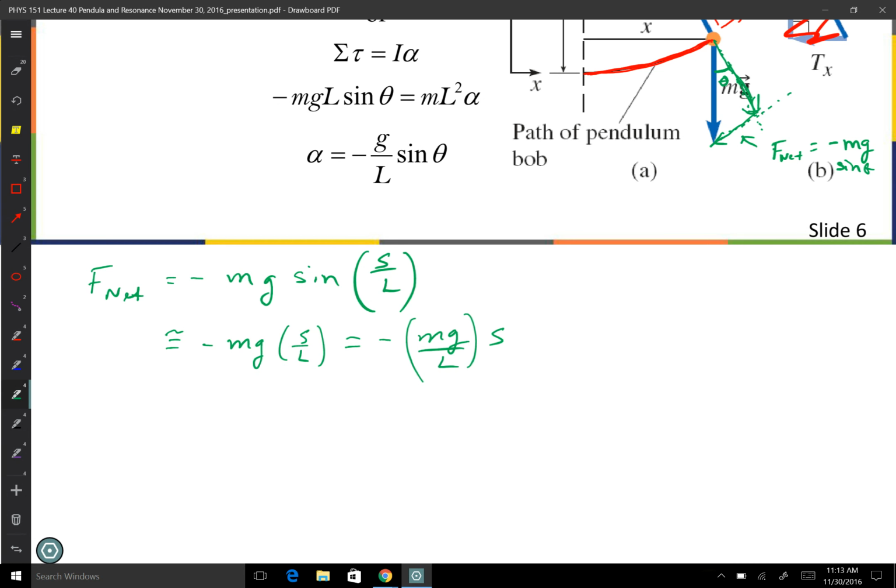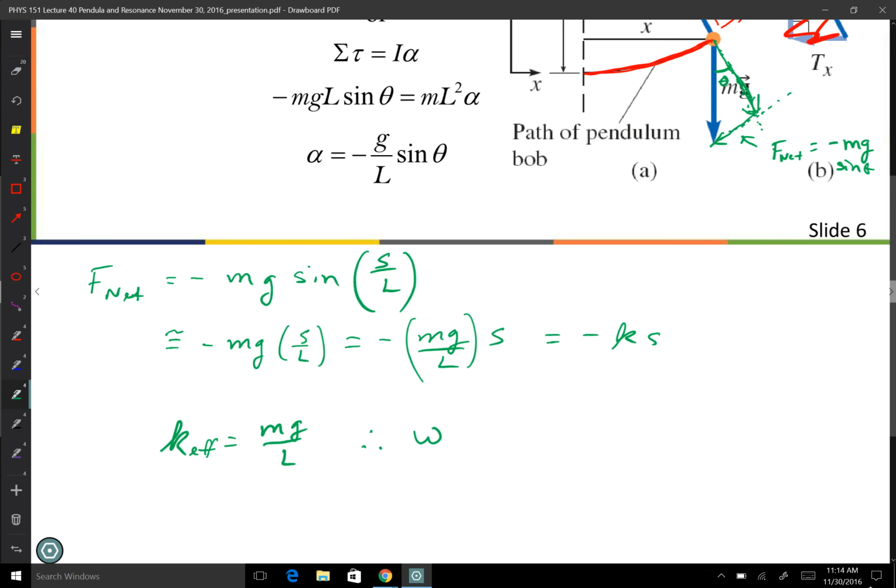Now, that is in the form for a simple harmonic oscillator, because it's now linearly proportional to the displacement s. And what's my spring constant, my K effective? If I just match those up, what is K going to have to equal? Mg over L.